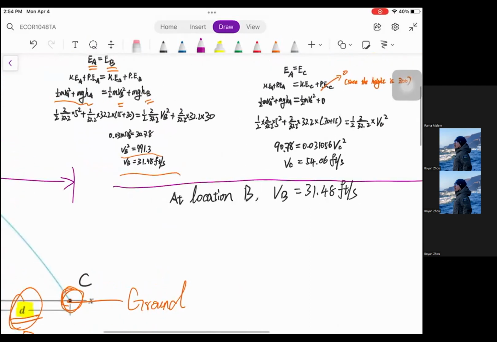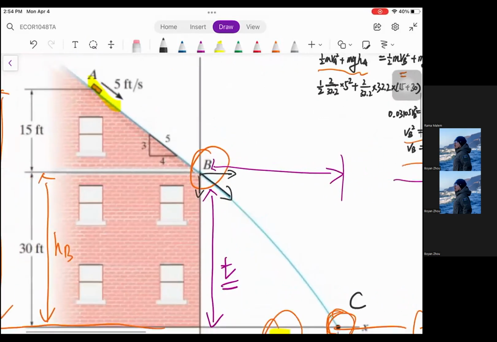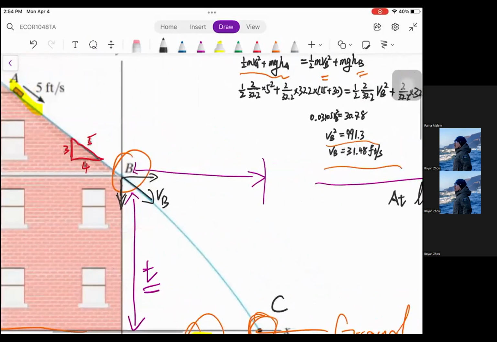That is the velocity here. We need to find the horizontal velocity and the vertical velocity, and it's actually given here, a triangle with the lengths of the 3 sides.